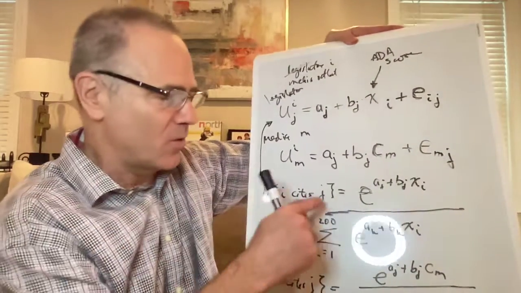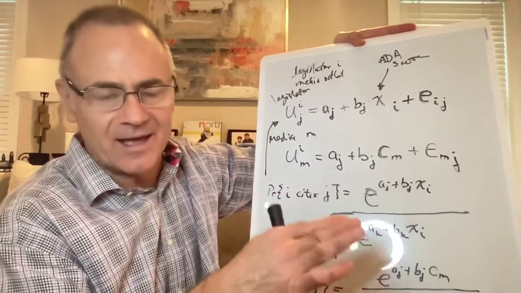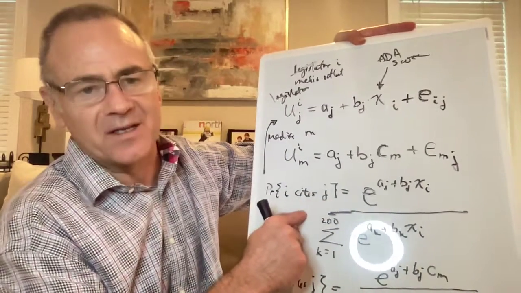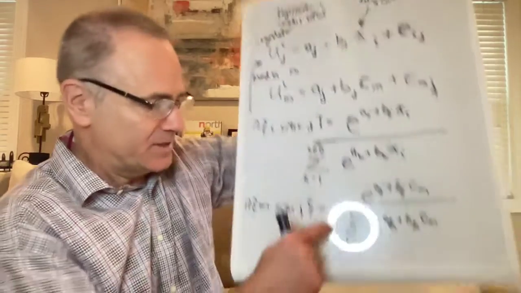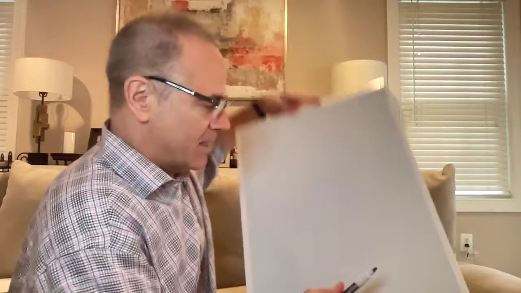This is where I'm going. I'm going to show you that if you add lambda to every one of the a's, then this probability term does not change, and it turns out this probability term does not change either. For that reason, the likelihood function does not change, which means that you have an identification problem. Okay, so here's the idea.